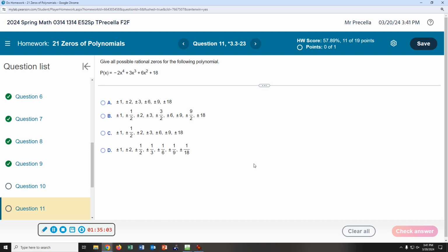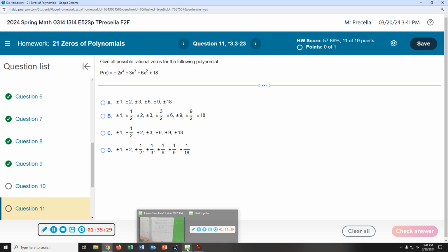Same type of problem. Find the possible rational zeros of negative 2x to the 4th plus 3x cubed plus 6x squared plus 18. Did you write it down? Yes.